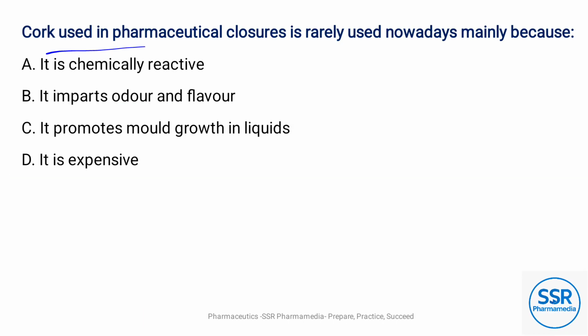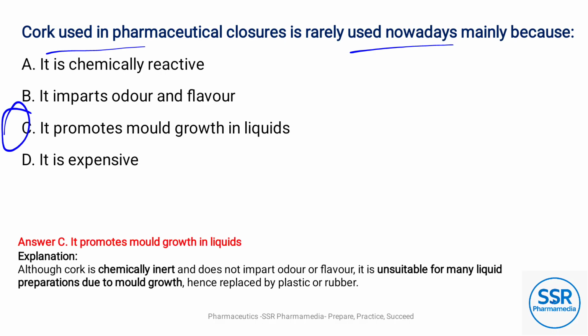Cork used in pharmaceutical closures is rarely used nowadays mainly because, option C, it promotes mold growth in liquids. Although cork is chemically inert and does not impact odor or flavor, it is unsuitable for many liquid preparations due to mold growth, hence replaced by plastics or rubber.